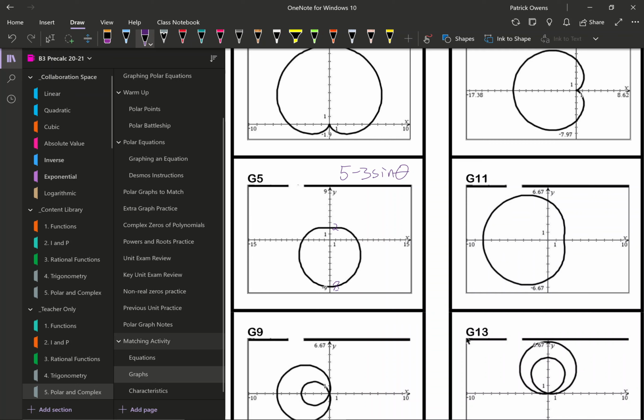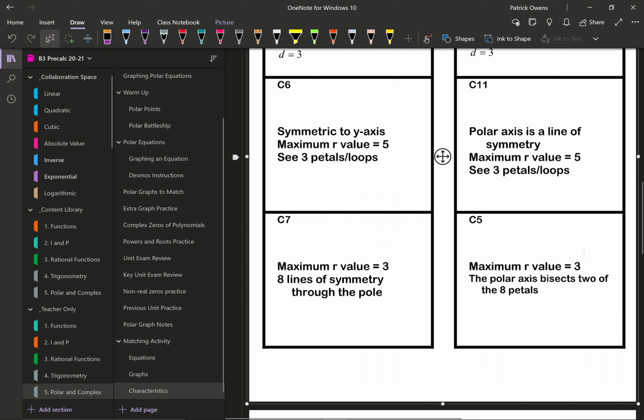And with characteristics, we don't have petals. Maximum r value equals 8. There we go. So we've got C14 for the characteristics.